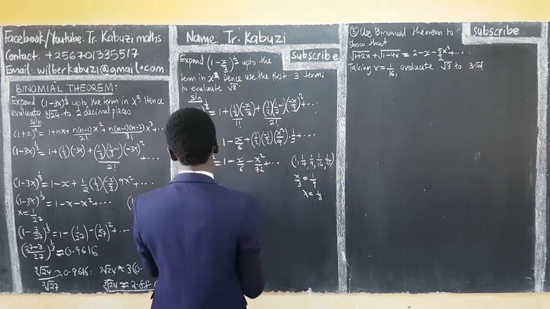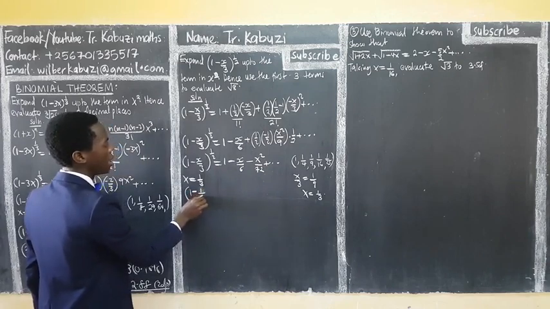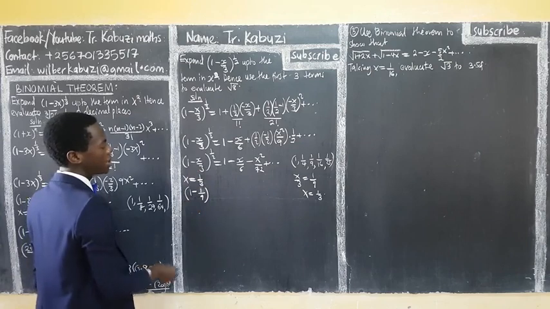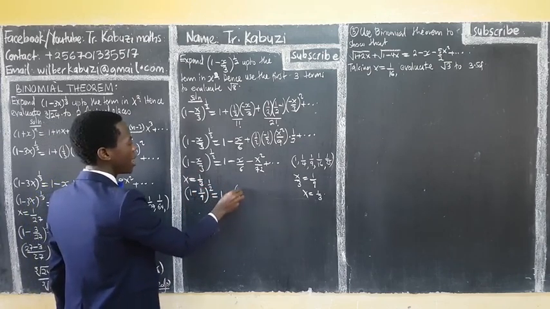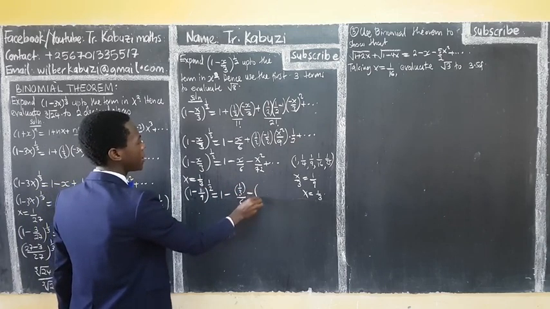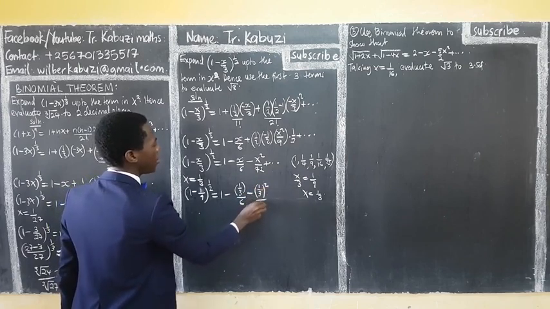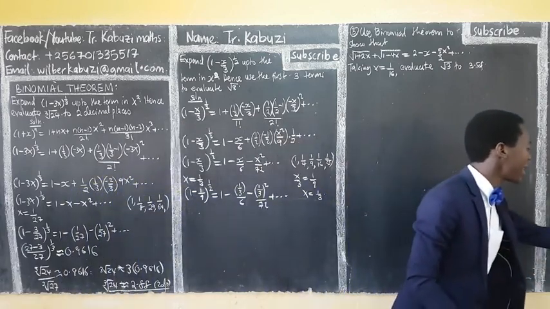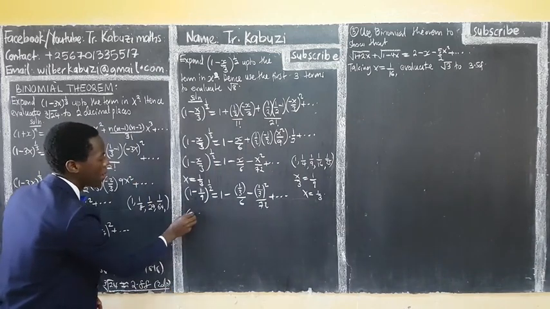So this is going to be now 1 over 9. Equaling to 1 minus, where there is x, we put 1 over 3, over 6, minus 1 over 3, the whole squared over 72, plus other terms. Okay, now there, we simplify. So here, if you cross multiply, you have 9.